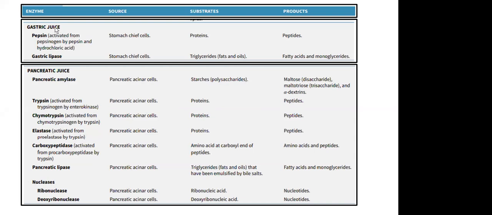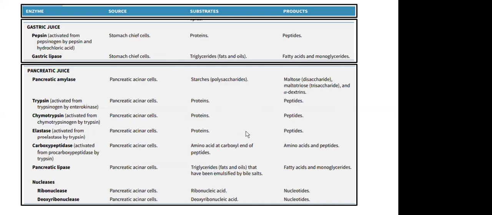Yes, ma'am. We have learned about the gastric juice, right? Initially, in that picture, pepsin and gastric lipase, both of them are secreted by the chief cells in the stomach, which convert proteins to peptides and triglycerides to fatty acids and monoglycerides. And pancreatic juice we have learned about today. Here it converts starches to maltose, maltotriose, and dextrins, and proteins to peptides, and chymotrypsin also converts to peptides.